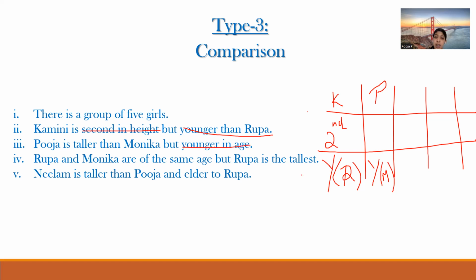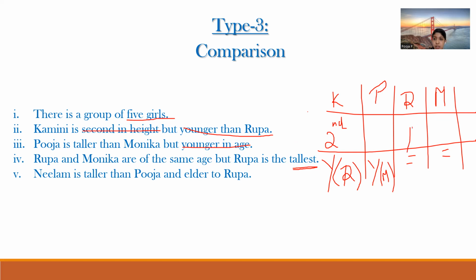Rupa and Monica are of the same age. So we have Rupa and we have Monica. So both of them are of the same age. But Rupa is the tallest. So she is the tallest in the sense she is the tallest among all 5 because it is mentioned as tallest, not taller, tallest.